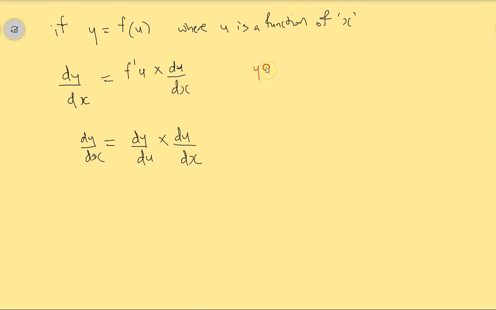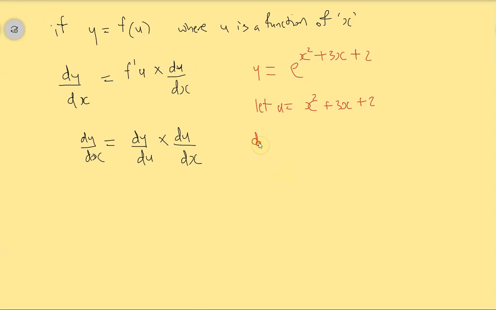So let's say we have y equals e to the x squared plus 3x plus 2. Therefore, let's find dy dx. Now, using the chain rule, you let u equal this function, which is x squared plus 3x plus 2.